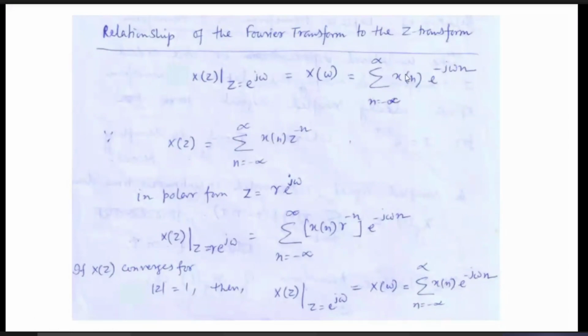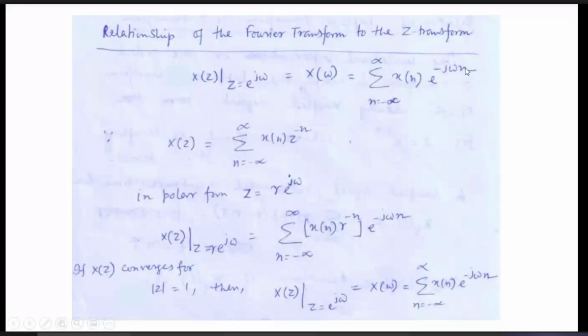Whereas in Fourier transform, it is summation x of n into e to the power minus j omega n. So the difference is just in the term that is multiplied with x of n.